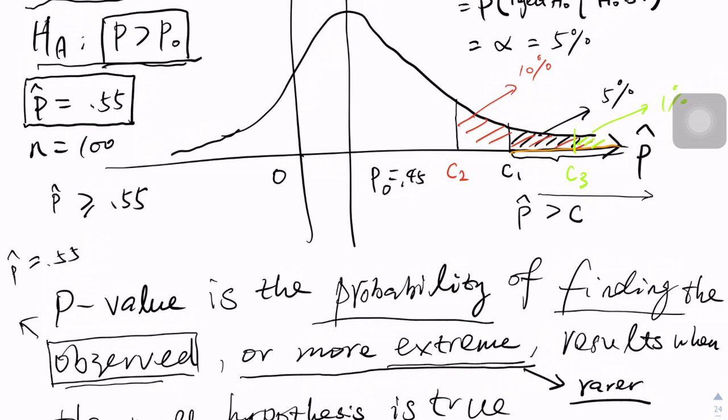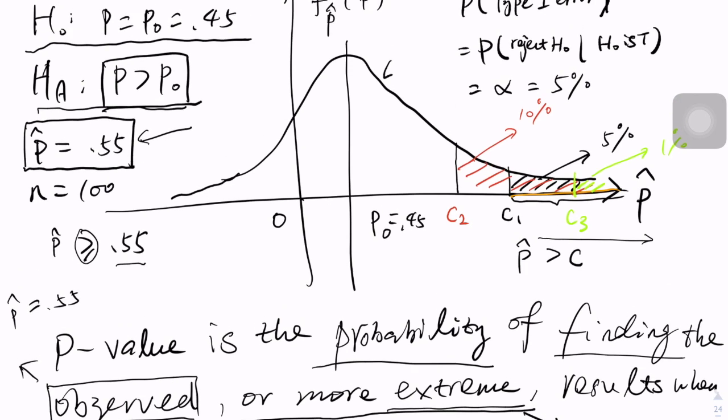First, the p-value is a probability, so it's between 0 and 1. Second, the p-value method considers the sample proportion you have observed and goes to a rarer case. Here what you have observed is that p-hat is equal to 0.55, and if it goes to a rarer case, it means it's larger than or equal to this observed value.